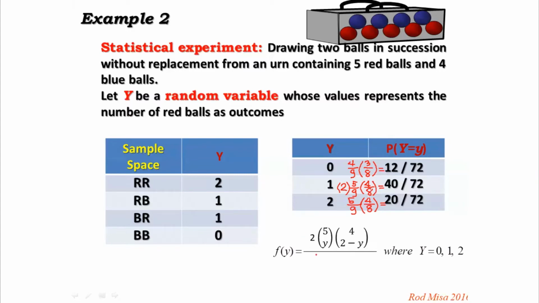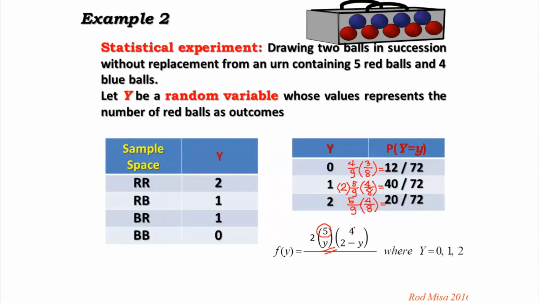And why is it that we have a combination of 5 taken y at a time? Because we have 5 red balls in the urn, and Y represents our random variable here.